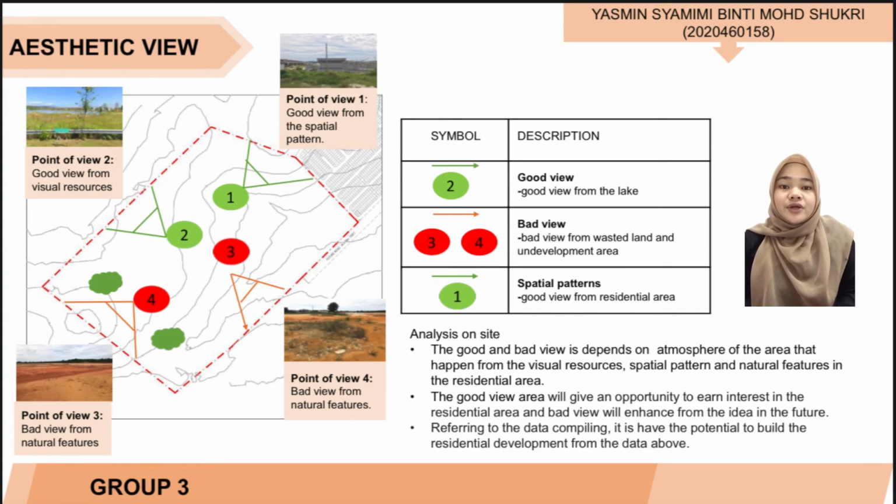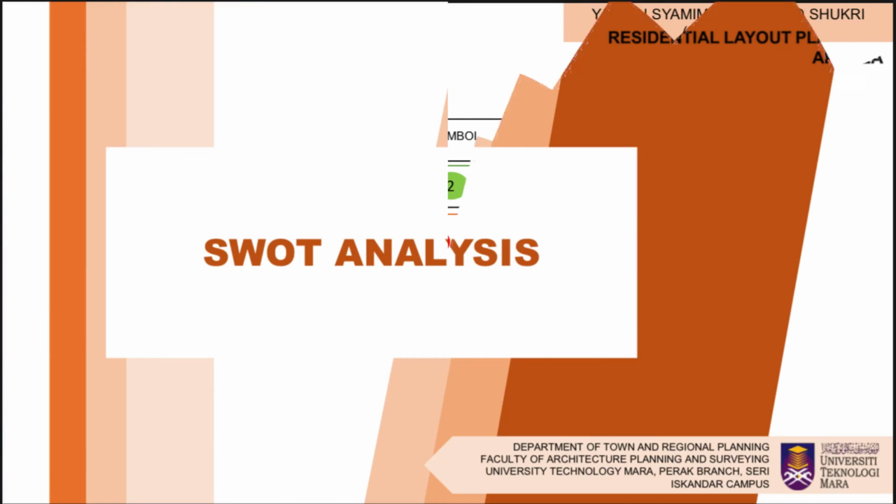The good view area will give an opportunity to earn interest in the residential area, and bad view areas can be enhanced in the future. Referring to the data compiled, it has the potential to boost the residential development. That's all.